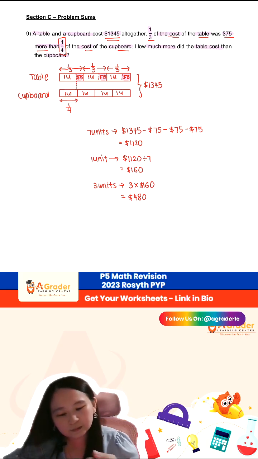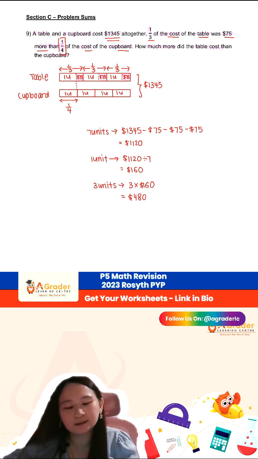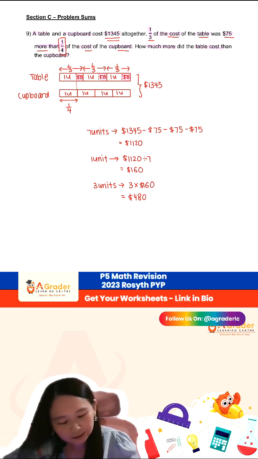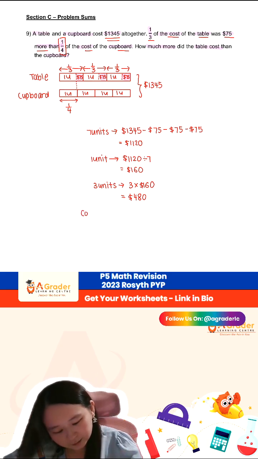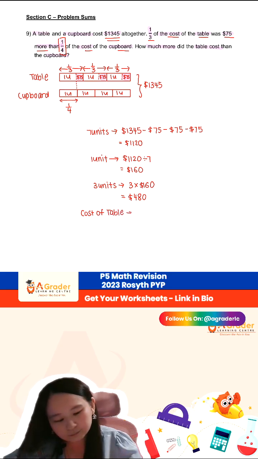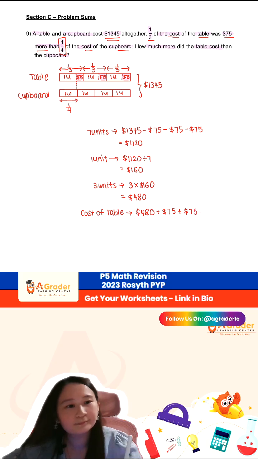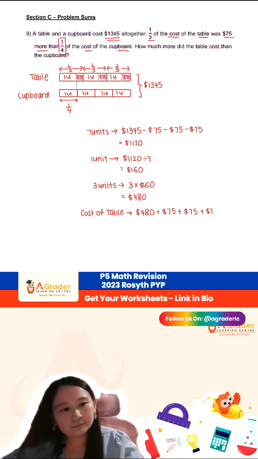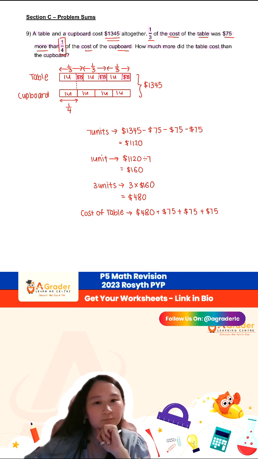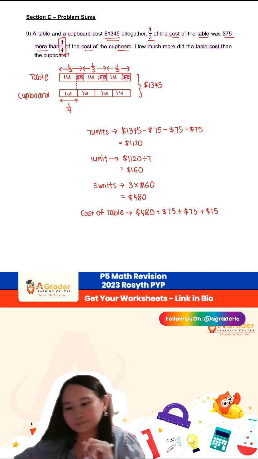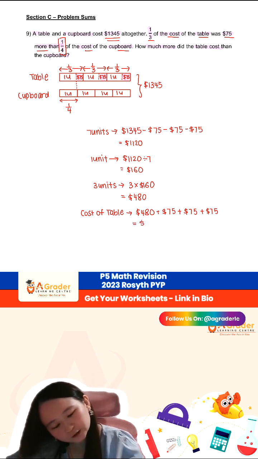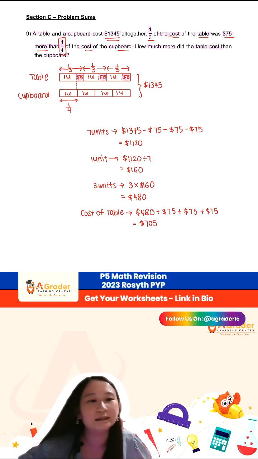Okay, table comprises of 3 units plus $75 three times. So to find the cost of the table, we take $480 plus $75 3 times. Yep, good. So the cost of the table is $705.